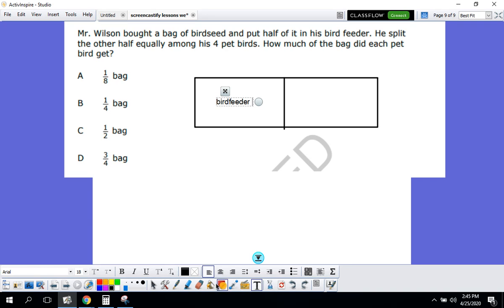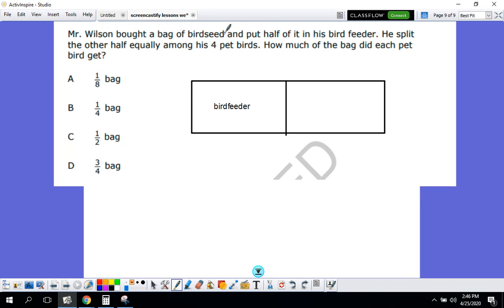Okay, then I'm going to also check off that first sentence because I've done that part. He split the other half, so that's talking about this half, among his pet birds. So he split this into his 4. So again, this part's already been used, but he used this half and split it to 4.